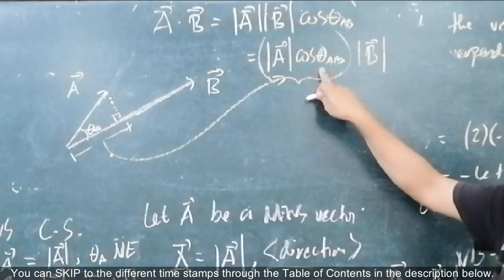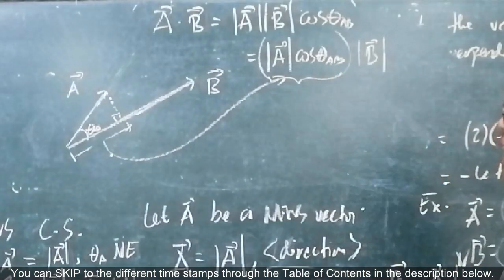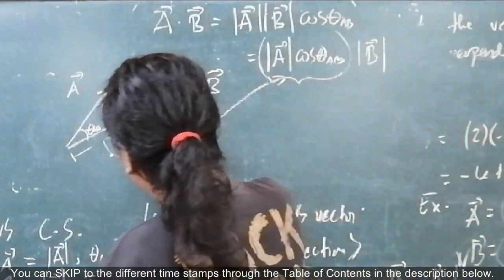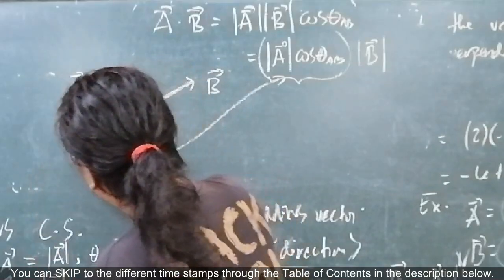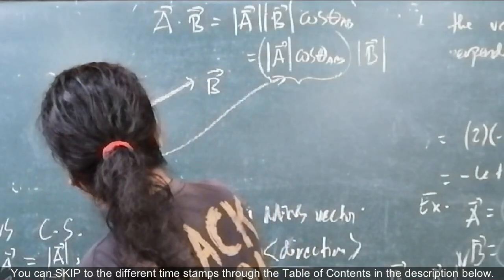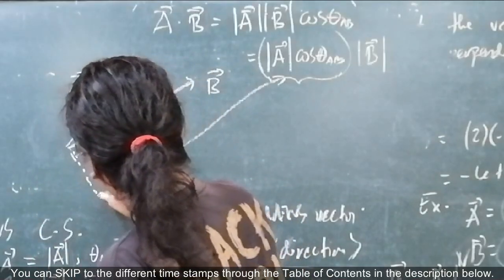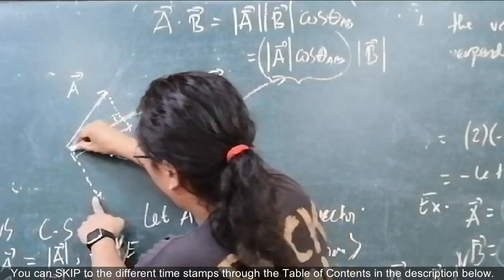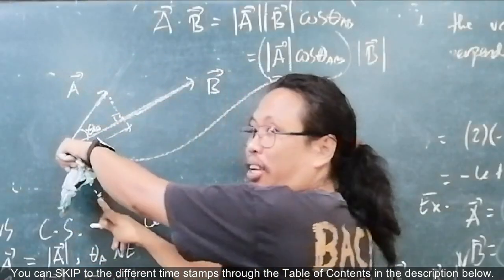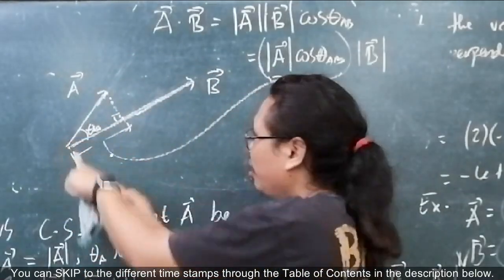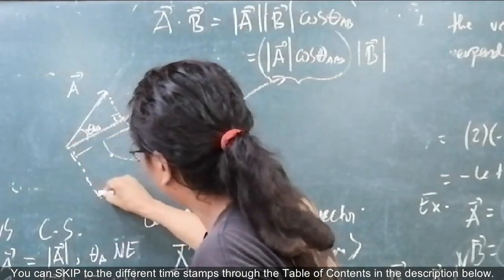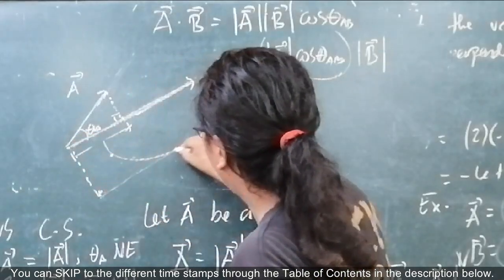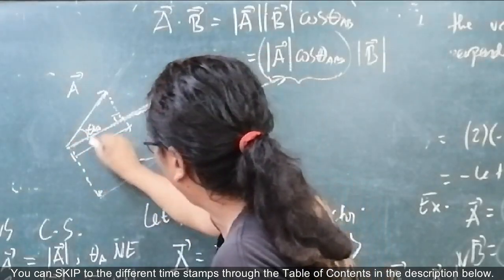Times B, so that area is, we project it here. Let this length be this length here, and we now have a rectangular area.